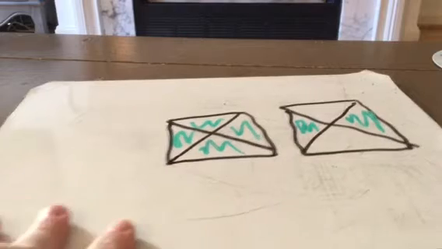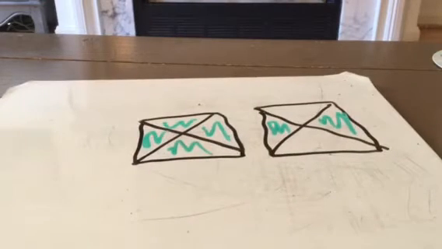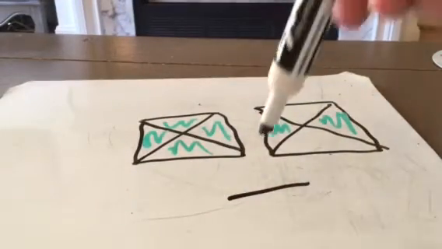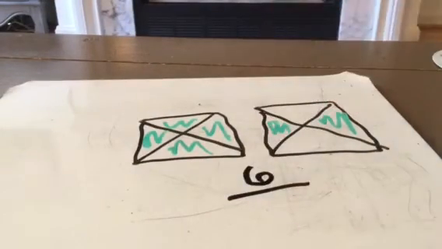All right, so first step is the numerator. The numerator, that's the easy part. How many pieces are colored? Well, there are 4 here and 2 here, so there are 6 pieces colored in. Now the denominator, is it 4 or is it 8? The denominator is how many pieces are in one whole.